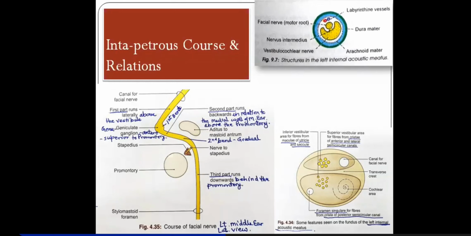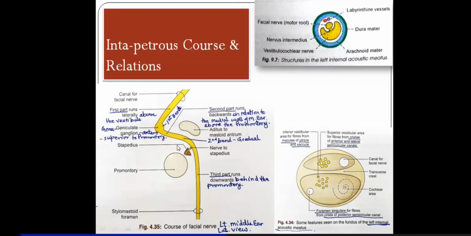So this is how it will be arranged. This is anterior, this is posterior, superior and inferior. So you can easily see the relations. Now the geniculate ganglion is anterosuperior. This second part is running above the promontory. The second bend is posterior superior. The third part is lying behind the promontory.